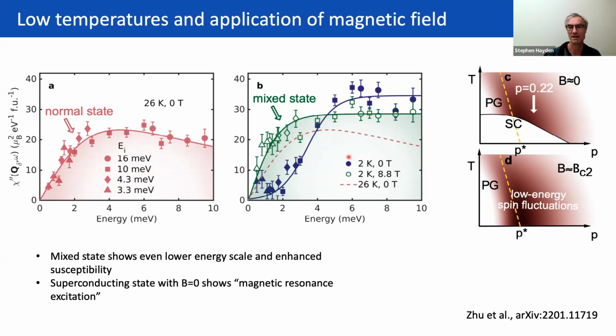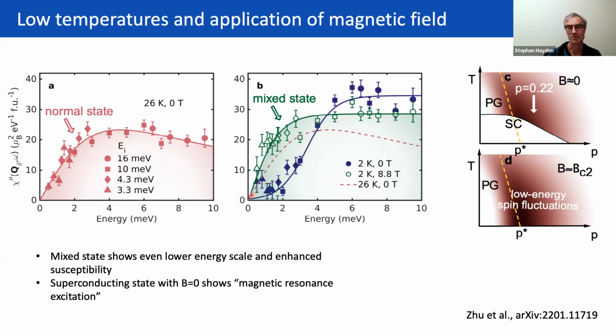I've converted the data to get the susceptibility here, taken out the Bose factor, and it's stronger everywhere. Because it's the mixed state, we could think of it as a superposition of a superconducting part and a normal part, if you like.